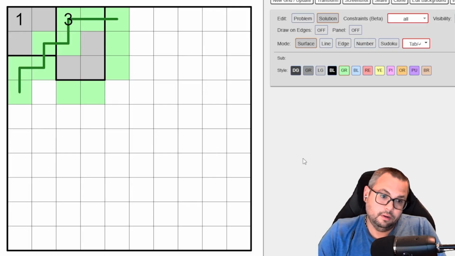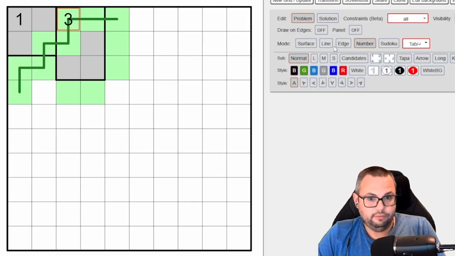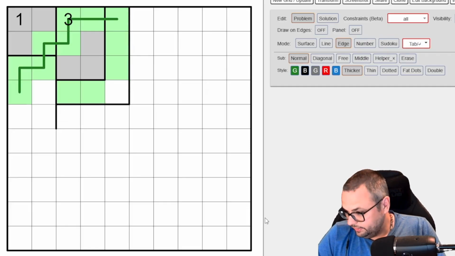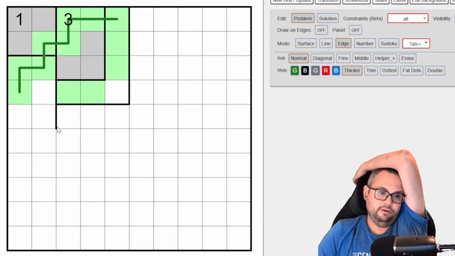So one thing that I'm inclined to do here is to chop this up into like an L-shaped region like that. Maybe make this region over here look like that or something like this.